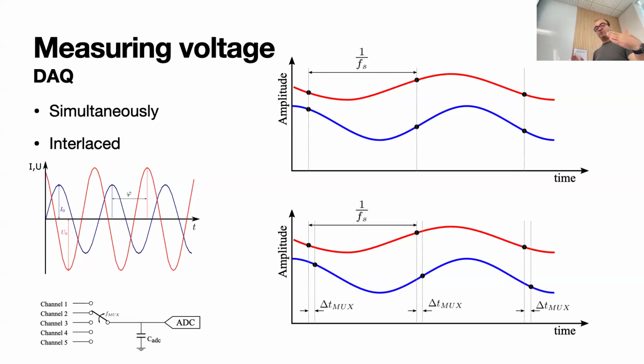So here we measure 20 voltages and 1 current, altogether 21 signals. If we measure simultaneously, it means that our data acquisition system is capable of measuring all these signals at exactly the same point.